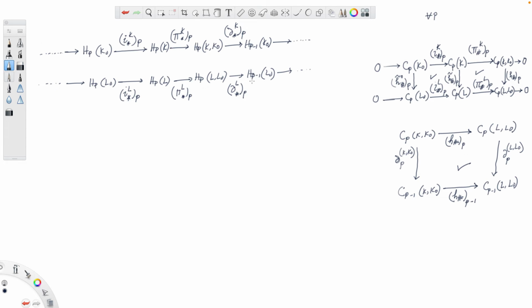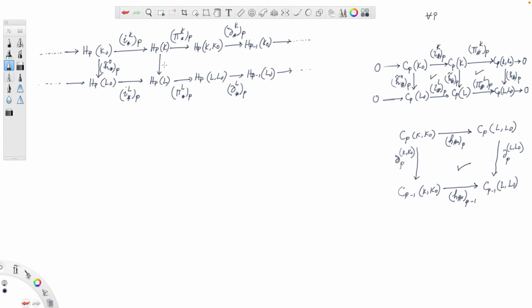Okay, and this is a homomorphism, which is nothing but H tilde 0 star at P. We discussed it a while ago.